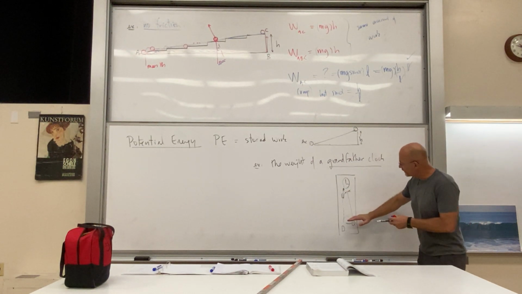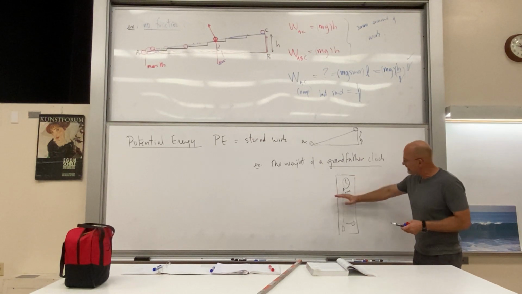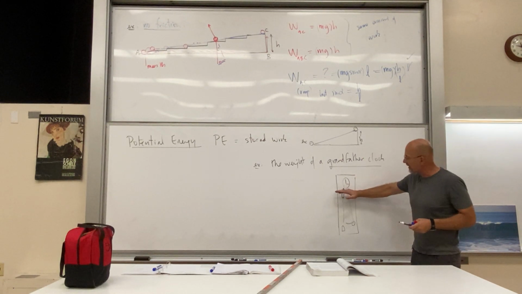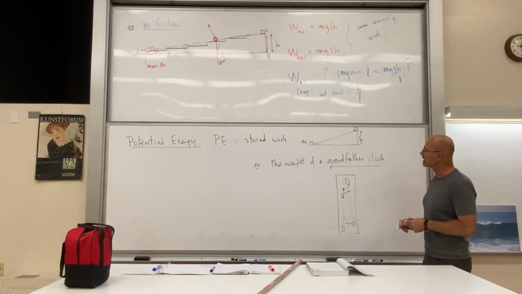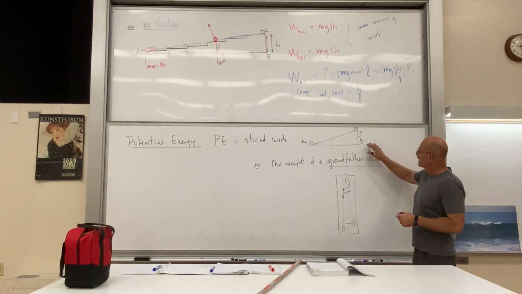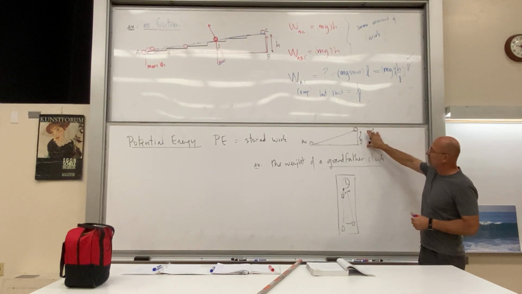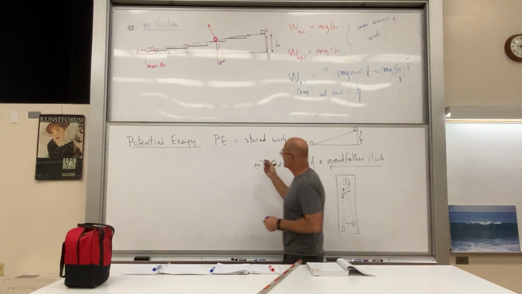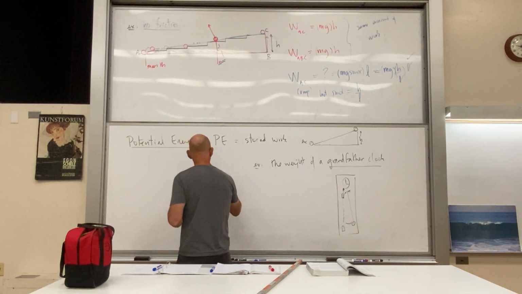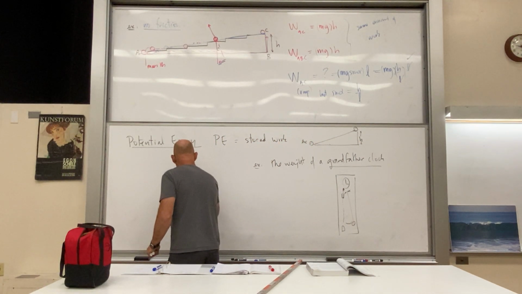What drives it is the weight that was lifted from the bottom to the top at the beginning of the week, and then it gradually goes down all week. So that's clearly been stored. It's been stored work, and we say that there is potential energy in this system right here. So potential energy is stored work, and I'll write gravitational potential energy.